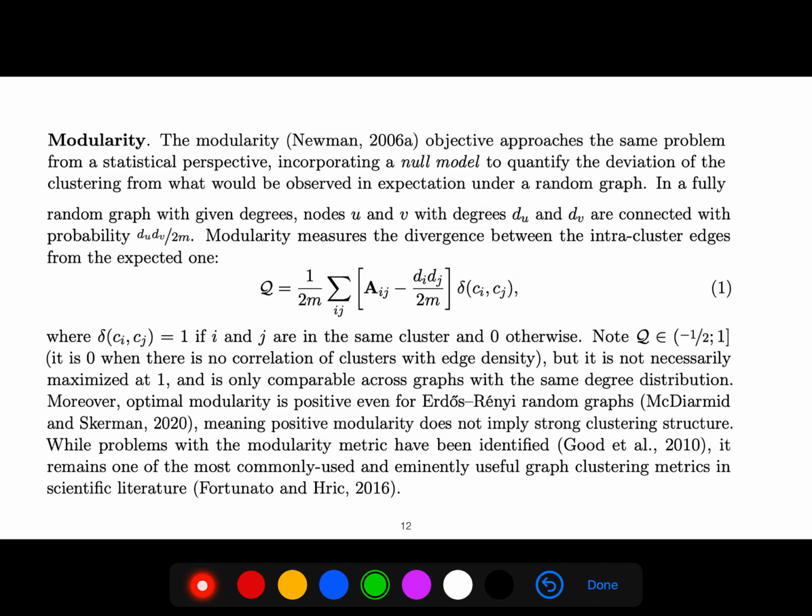So let's carry on. Modularity measures the divergence. So we want the expected number of edges to be very different from the number of edges inside each cluster.